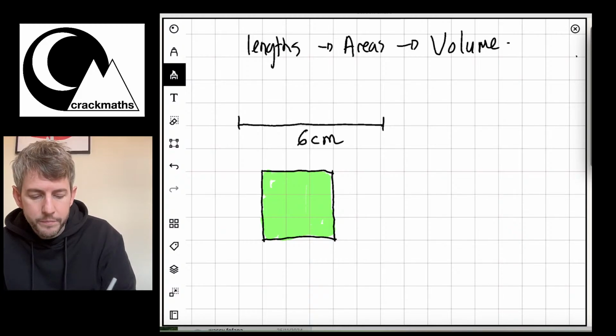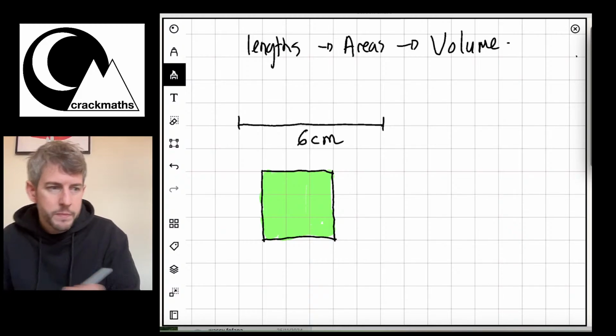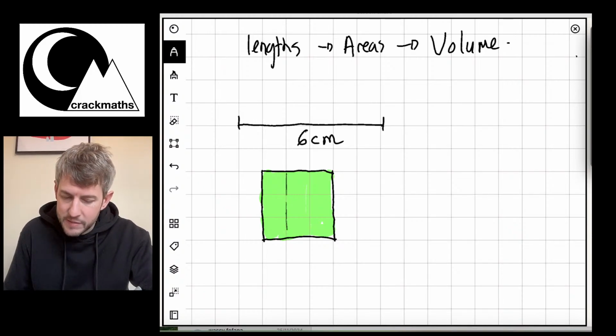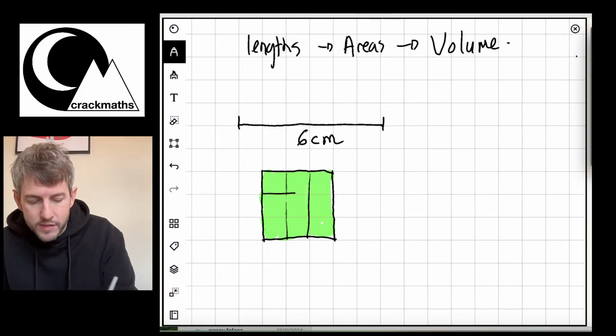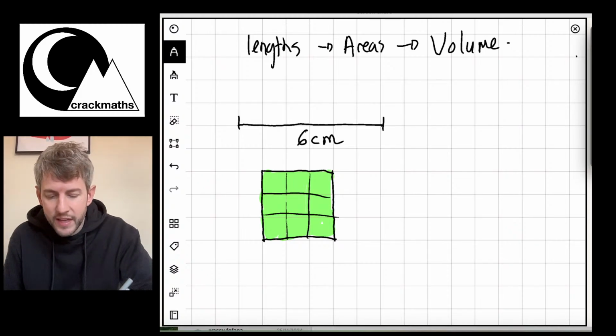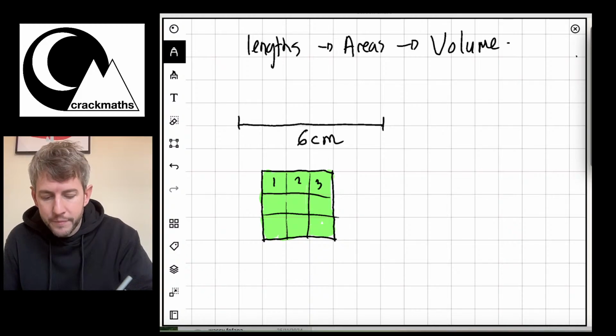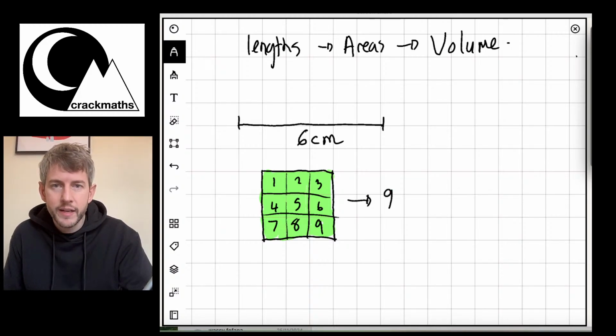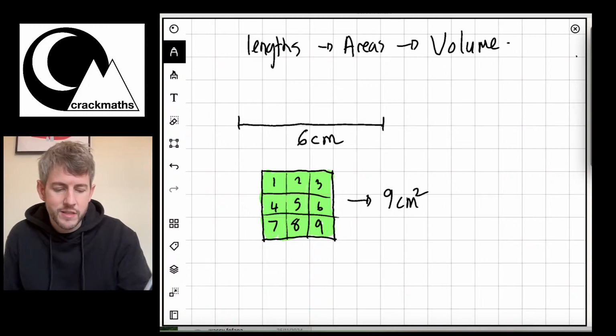And this space here would have a specific area, and the way that we can judge the area of a shape is by counting the squares inside. So I could say that here, this is 1, 2, 3, 4, 5, 6, 7, 8, 9. So I would say that the area of this is 9 centimetres squared.